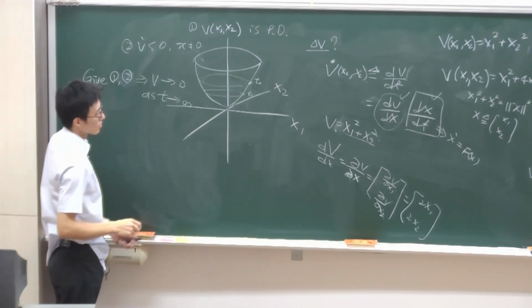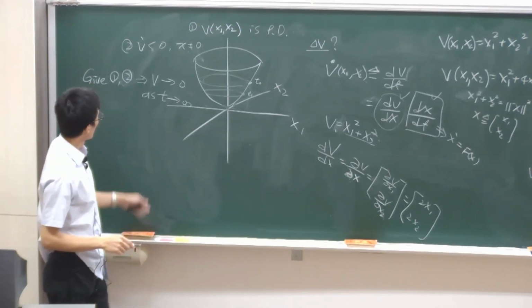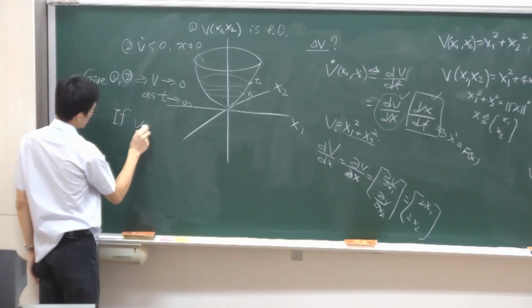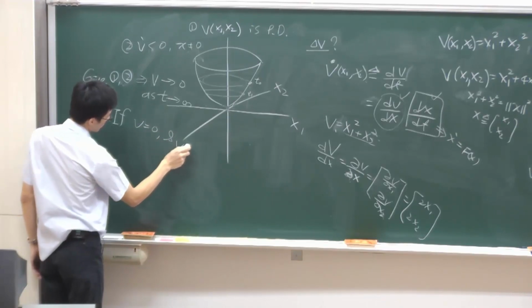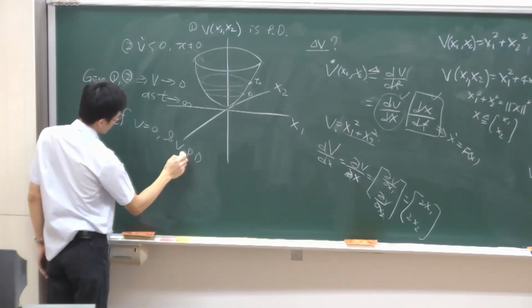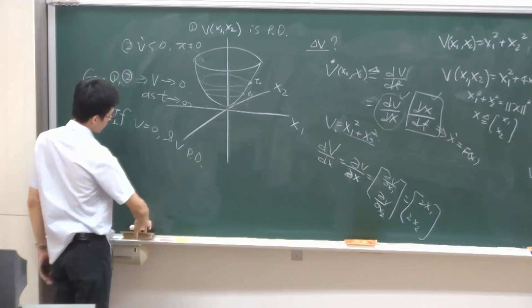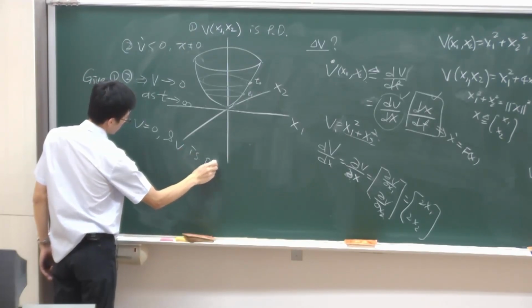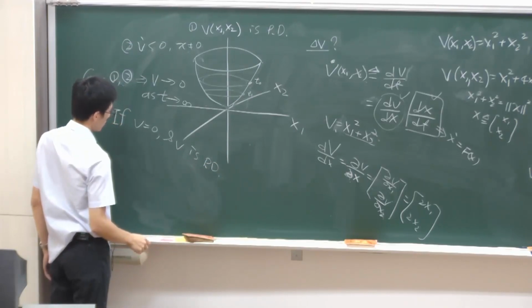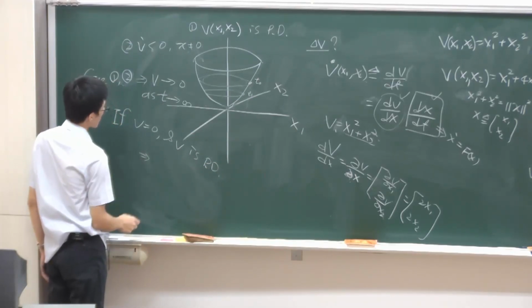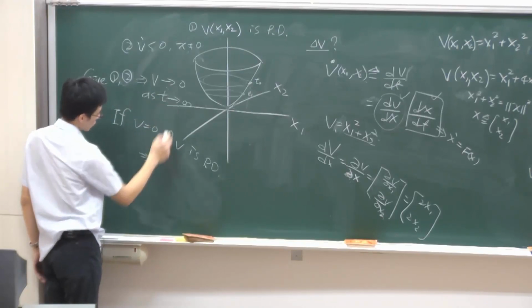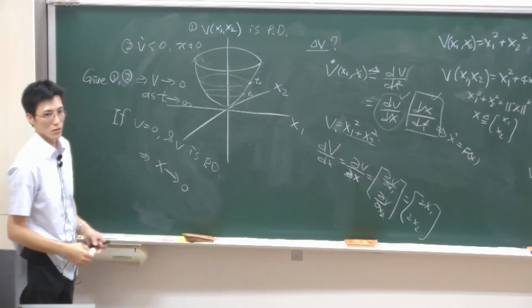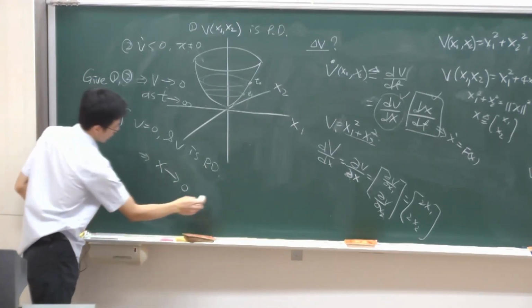Right. And if V is 0, and V is PD, this condition guarantees V converges to 0. Your x converges to 0, right? So it's asymptotically stable.